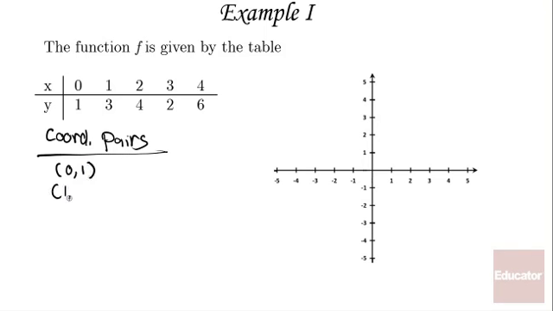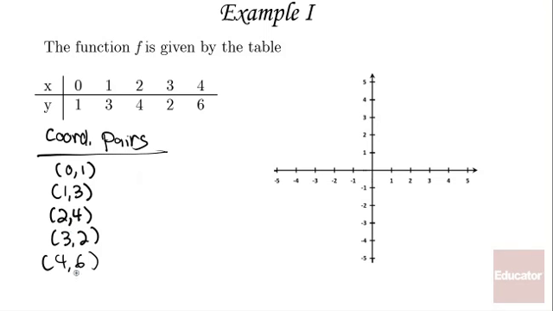My second is 1, 3. And then I have 2, 4, 3, 2, and 4, 6. So I'm double checking that I have all these correct and that my x values are first and that my y values are second.